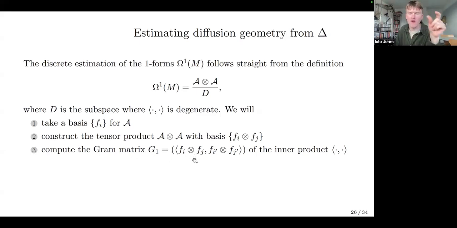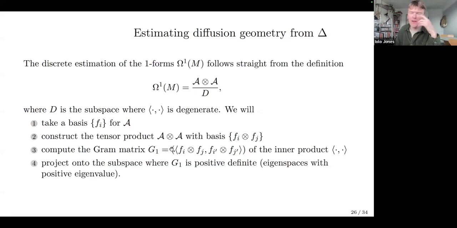If we compute the Gram matrix of a tensor pair ij with a different tensor pair i'j', we can evaluate that using the Carré-Deschamps, and we can evaluate the Carré-Deschamps using the Laplacian, which is the thing that we've estimated. So you start with the Laplacian, you turn it into a Carré-Deschamps, you can then integrate it, and we can get this Gram matrix here, and that lets us concretely realize all of these things in the discrete setting.